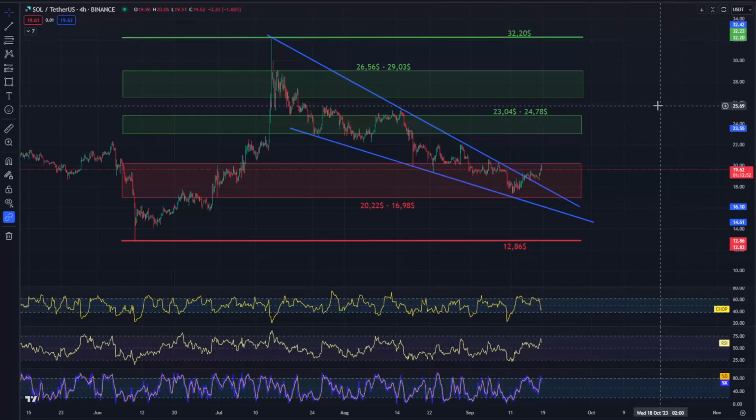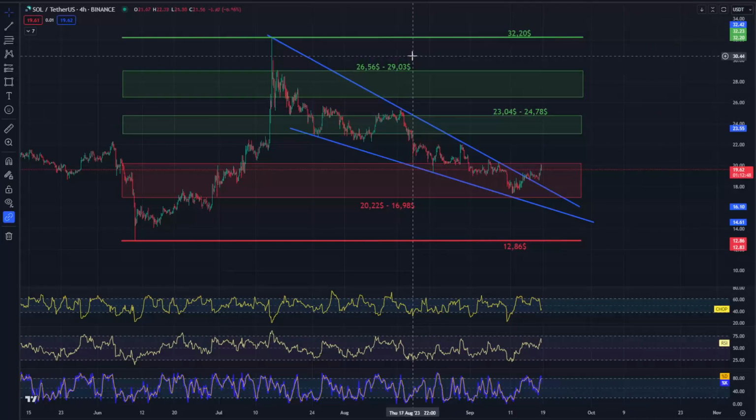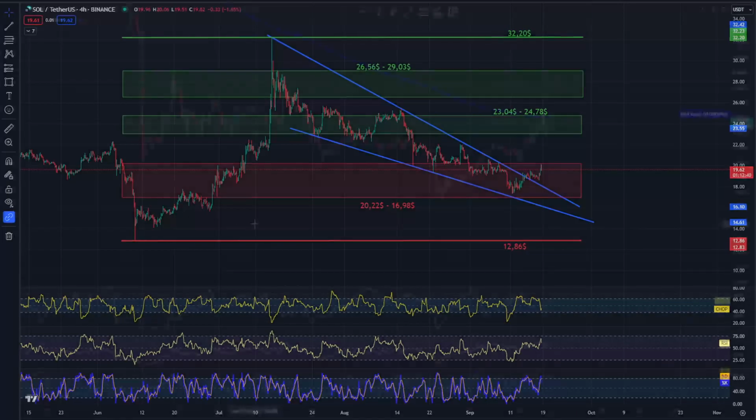The CHOP index indicates that most of the energy was used in the upward movement, while the RSI and stock indicators confirm the exhaustion of energy in the movement, which allows for a current recovery and gathering energy for a new movement.